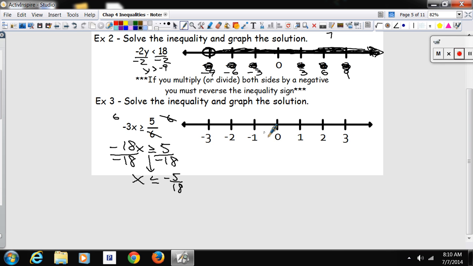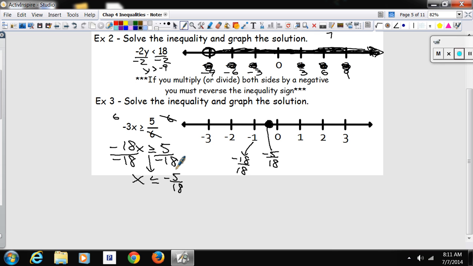And it's a lot closer to 0, and it's still a closed circle. You could put negative 5/18. This right here would be negative 18/18, because that would be negative 1. Negative 2 would be negative 36/18. So negative 5/18 is not even quite to negative 1.